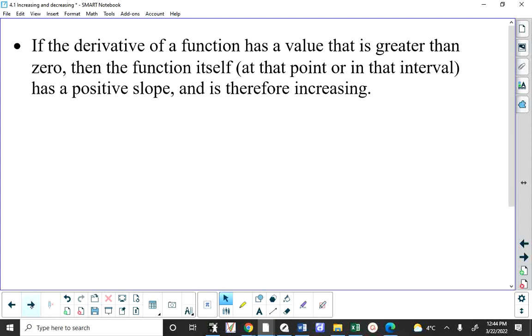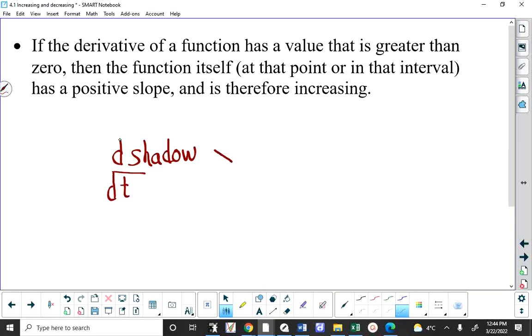I'm going to go away from graphs and functions and start talking about things that maybe you're more familiar with right now because we've spent so much time on related rates. If I tell you that in a particular situation, d shadow/dt is greater than 0, what I'm telling you is the derivative of shadow length with respect to time is positive.